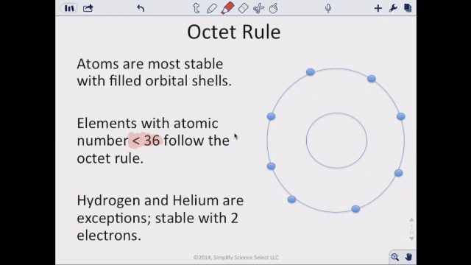Exceptions to this are hydrogen and helium. They follow what they call a duet rule because they are stable with only 2 electrons. And so what stability means, being stable, is essentially having the correct number of electrons in the outer shell, the correct number of valence electrons.